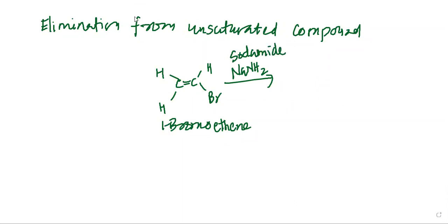So, my dear students, here this sodamide reacts with 1-bromoethene, and we get HC triple bond CH. Please remember that we get HC triple bond CH, and we get NaBr, and NH3 as a product.